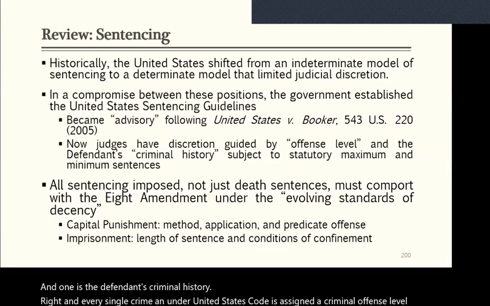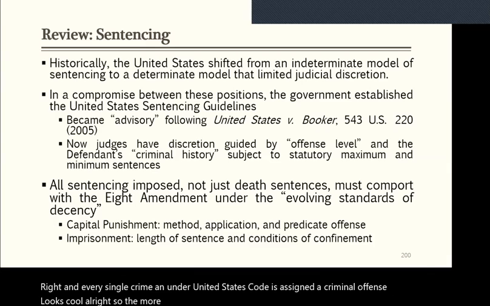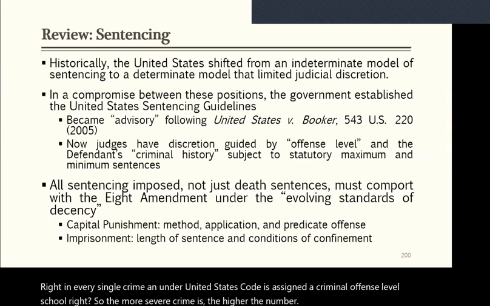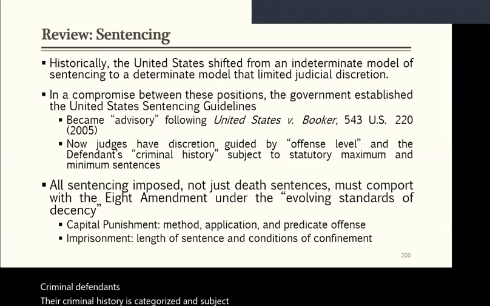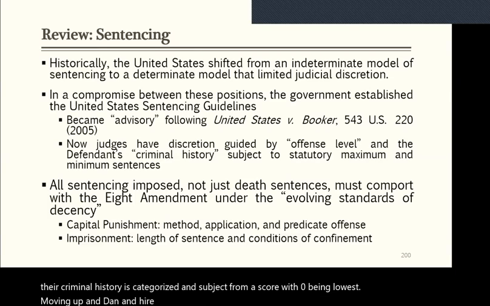Right, so the more severe the crime is, the higher the number. And criminal defendants, their criminal history is categorized and scored, right, with 0 being the lowest, moving up, and the higher you go up in the ranks, the more criminal history that you have.